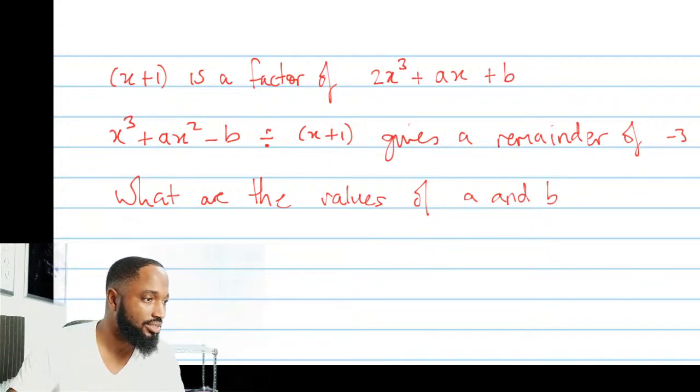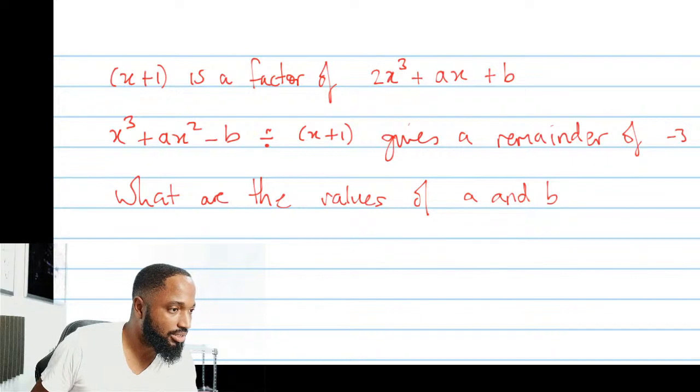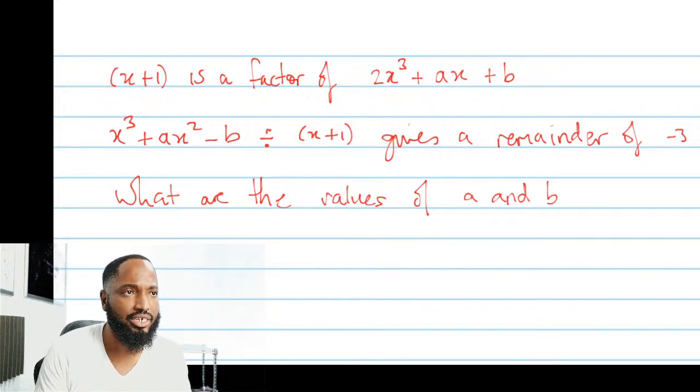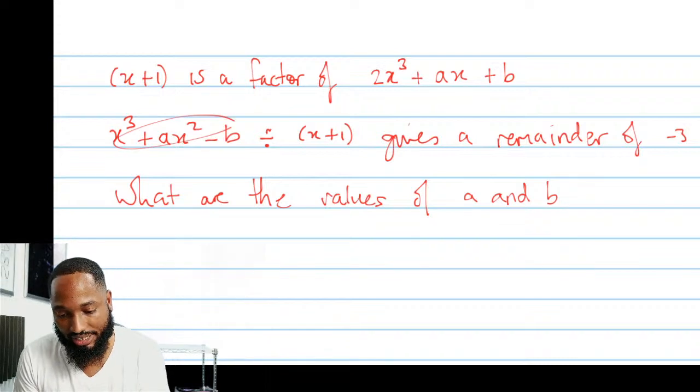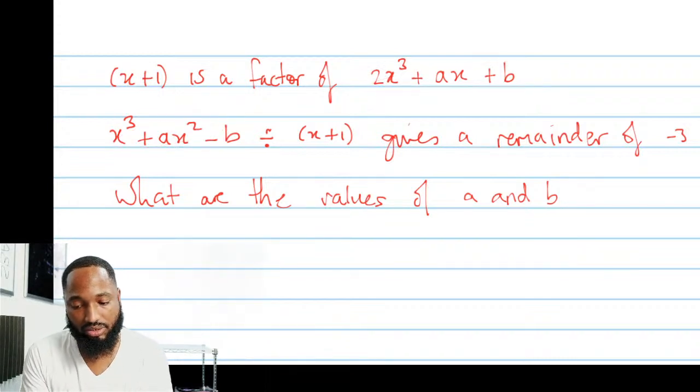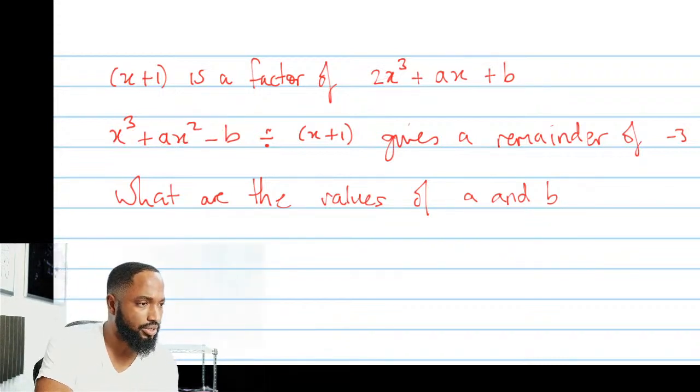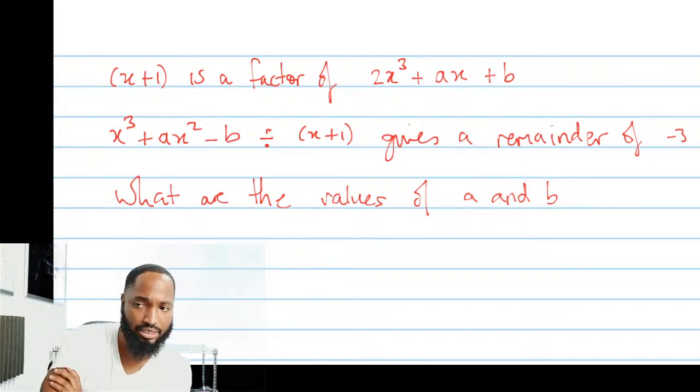Let me see. I'm not getting an answer. B is a plus 2? How could x plus 1 be a factor and never remainder at the same time? No, this and this are two different equations, so you're not reading it properly. I get the same thing, A and B cancel.